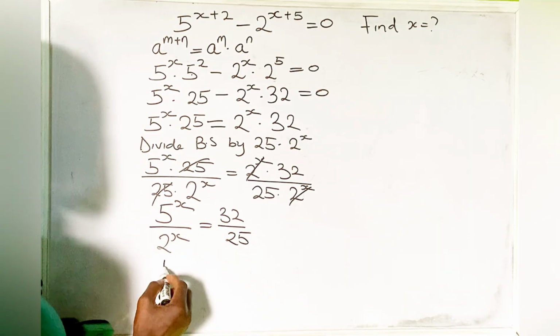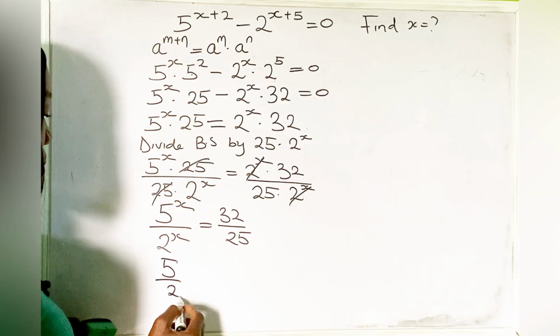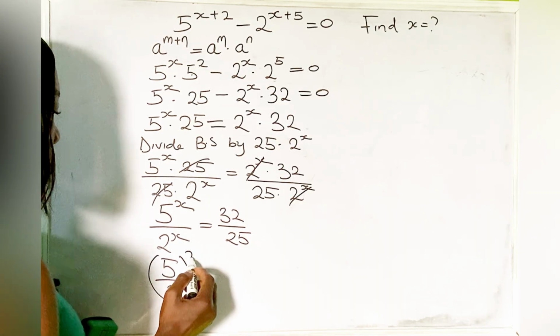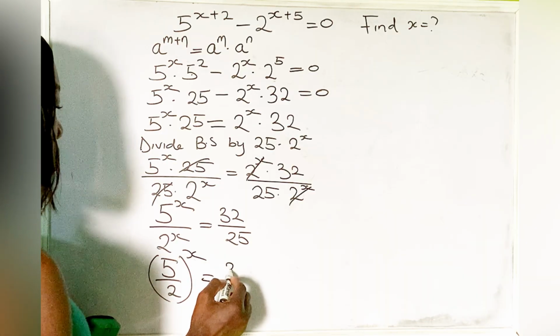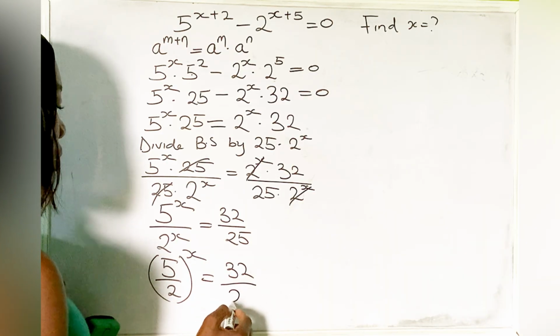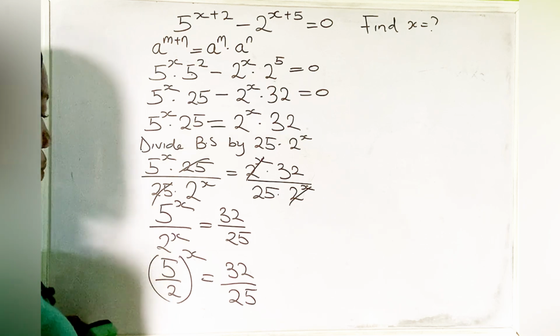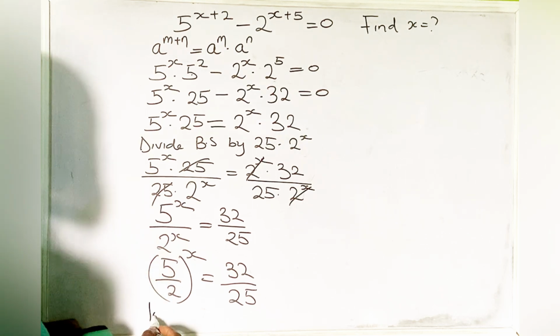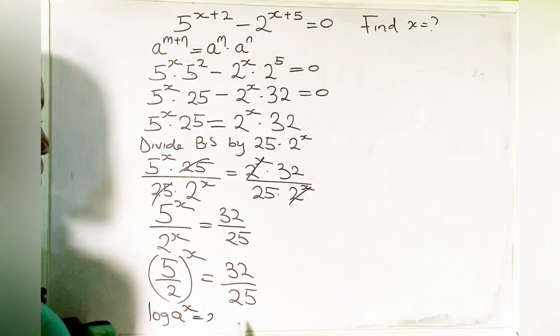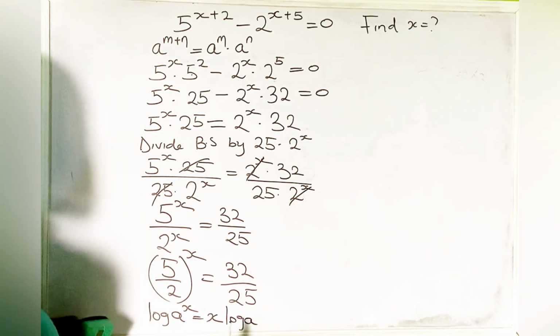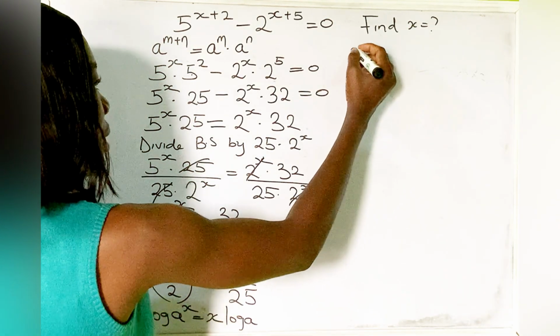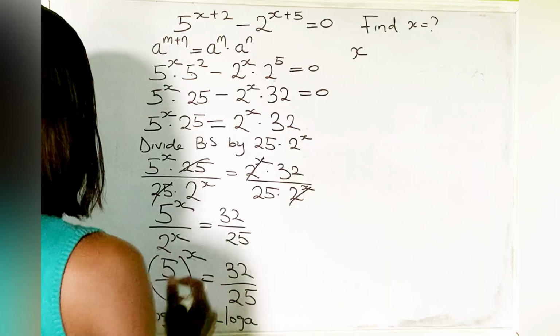So this is the same thing as saying 5 over 2, to the power of x, is equal to 32 over 25. So we're going to apply the rule that log a to the power of x is the same thing as x log a. Okay, so now we take log of both sides.